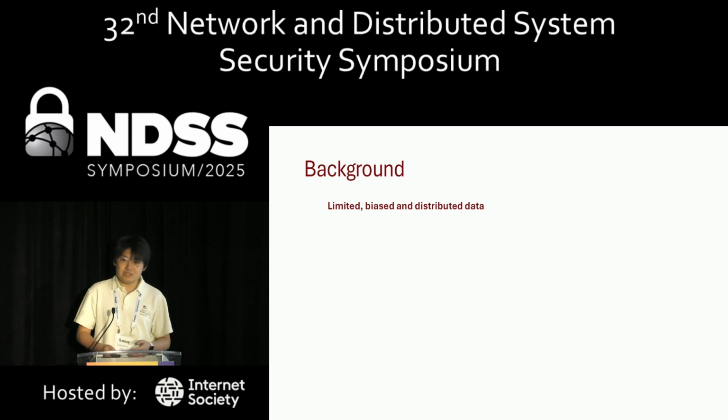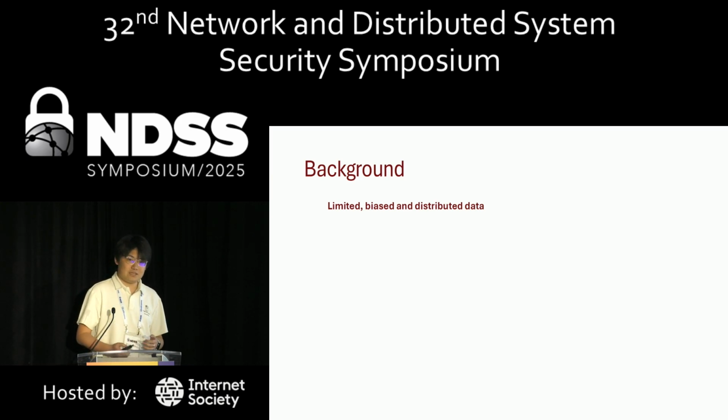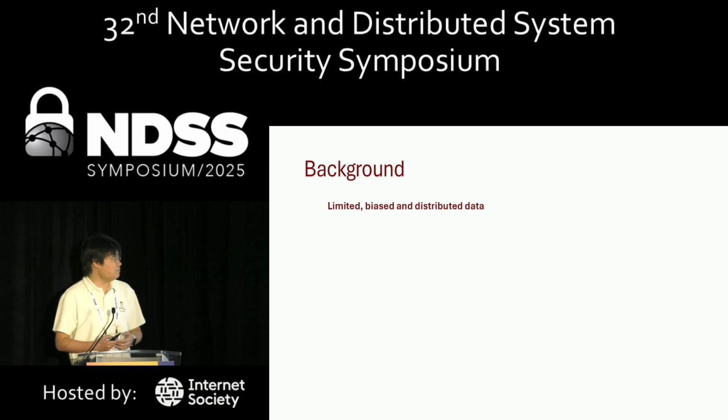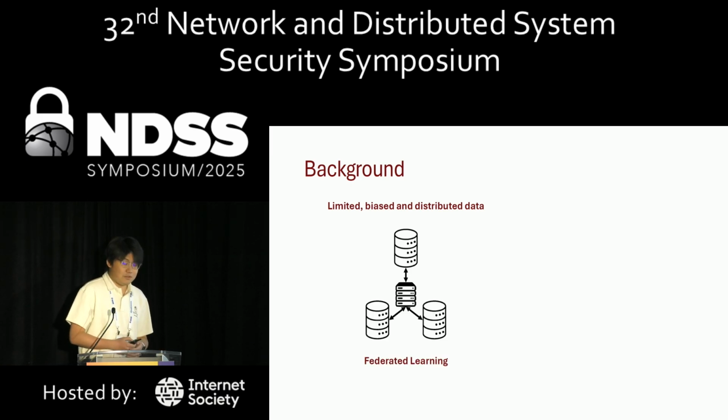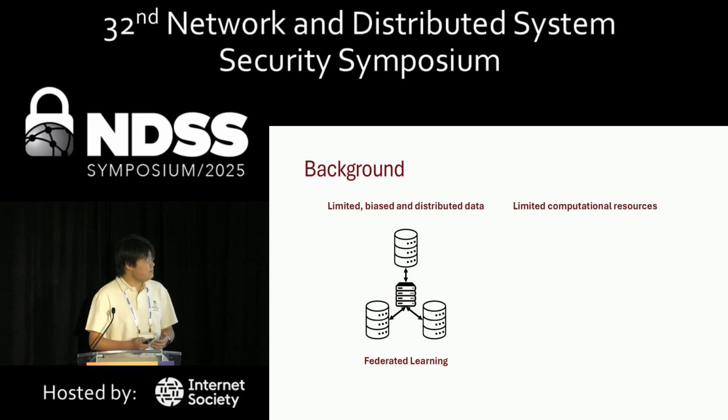Machine learning has really taken off everywhere in the past decade, but if you really want to train and deploy a machine learning model, you may encounter some bottlenecks. First, your data is usually distributed over many data owners, and each of them usually only has limited and biased data. And that calls for federated learning, where they can all work together to train a model. Also, sometimes your data owners have very limited computational resources.